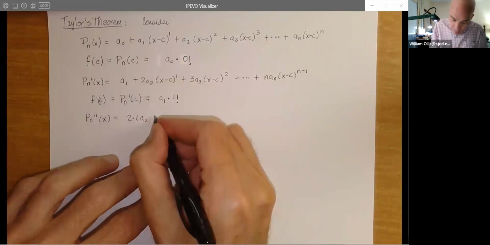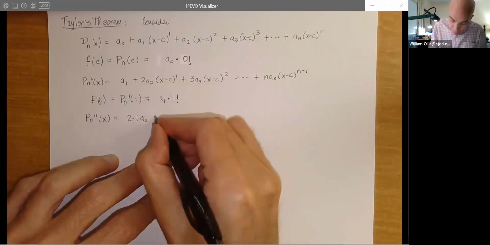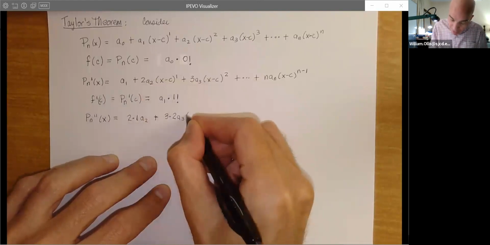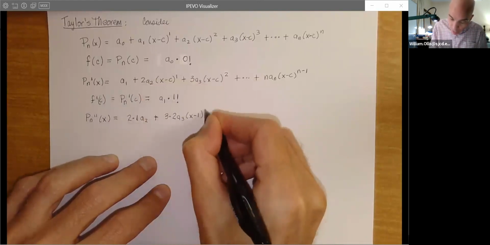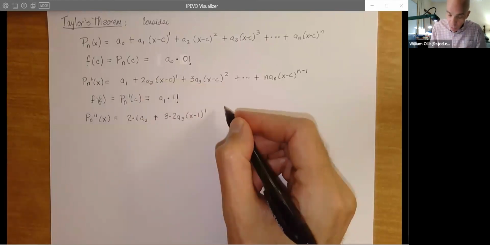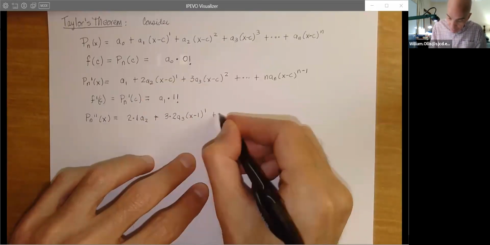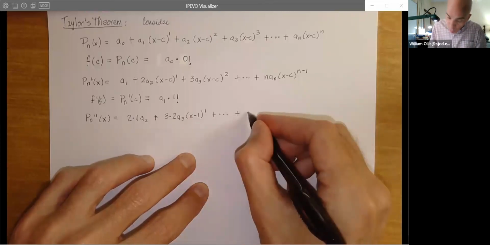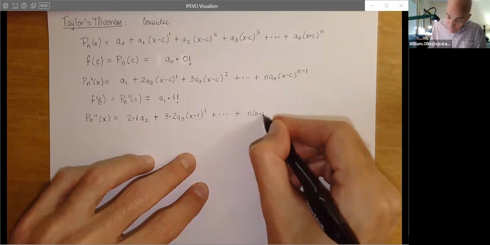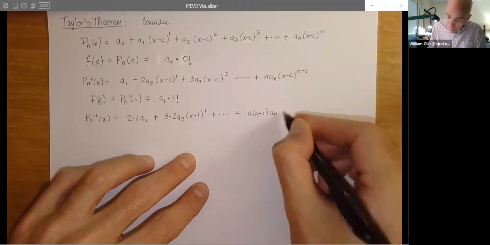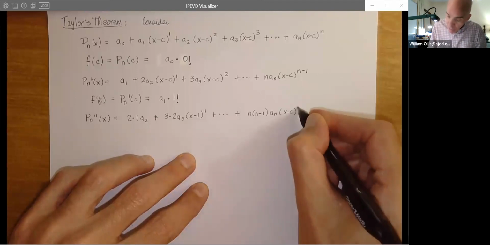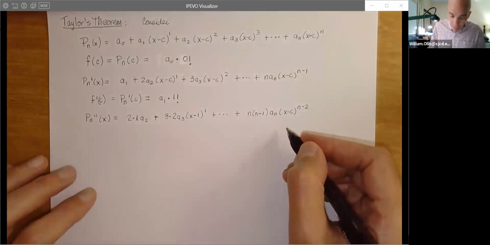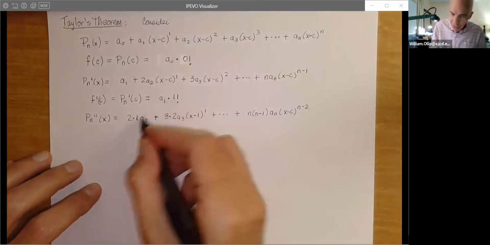And now plus 3 times 2, a sub 3, and then we have x minus c to the first power, and then of course the derivative of the inside is 1, so we're done. And now here again, chain rule, we have n times n minus 1, a sub n, x minus c to the n minus 2, and of course inner function derivative is just 1. So now you're seeing why I've been doing this factorial bit.